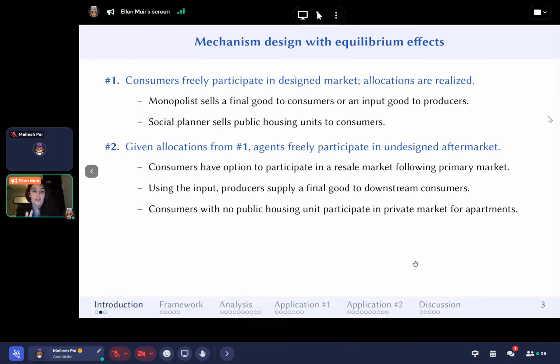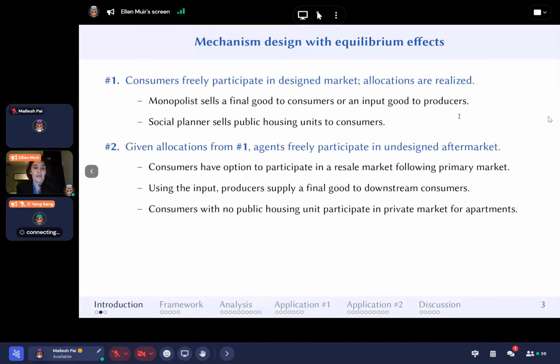The second part is that, given the allocations realized in this designed market, these agents can then freely participate in an undesigned aftermarket. Going back to our earlier examples, if a monopolist sells a final good to consumers, maybe consumers have the option to sell this good in a resale market that operates following the primary market designed by the monopolist seller.